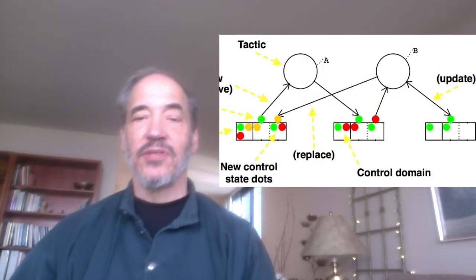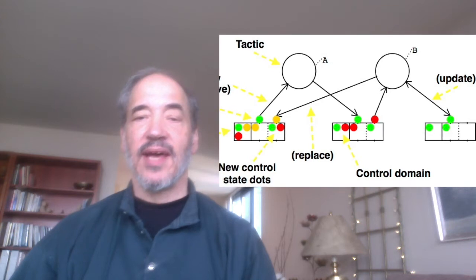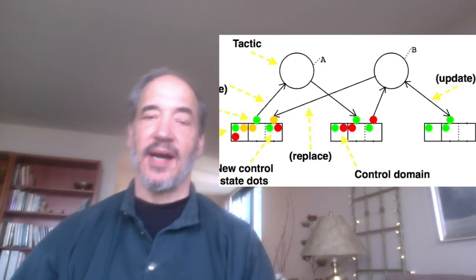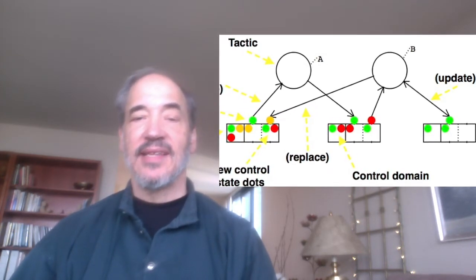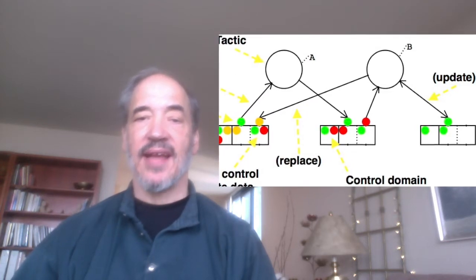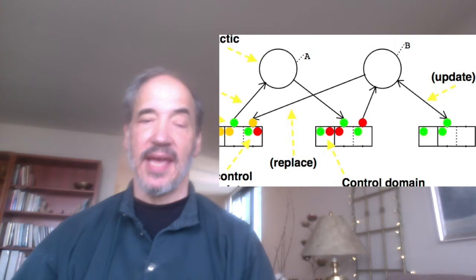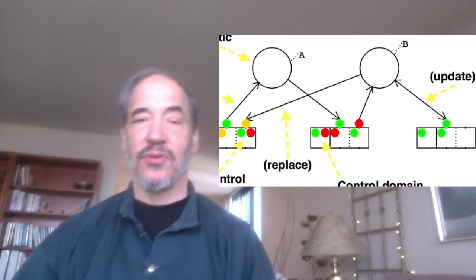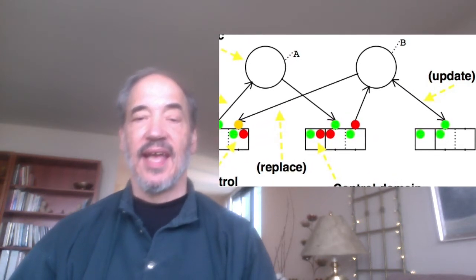If there are arrows on both ends, we call that observe, replace, or update, and that means that resource is both an input and an output to the tactic.